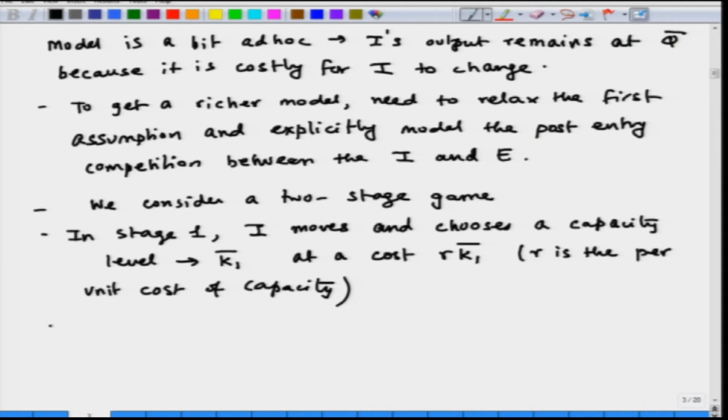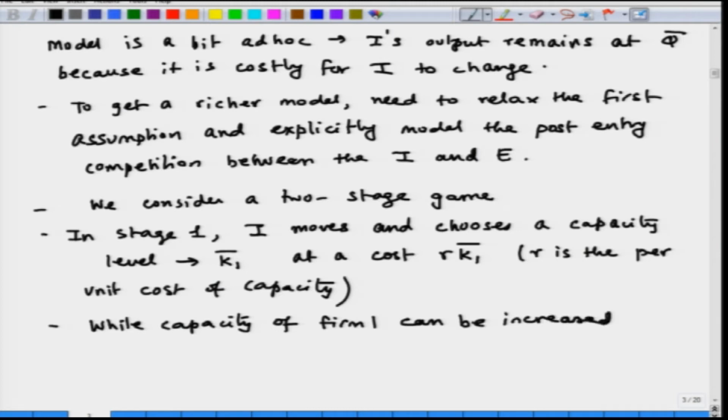So, let us make a note. While the capacity of firm 1 can be increased, it cannot be decreased. In other words, firm 1 cannot sell its unused capacity.